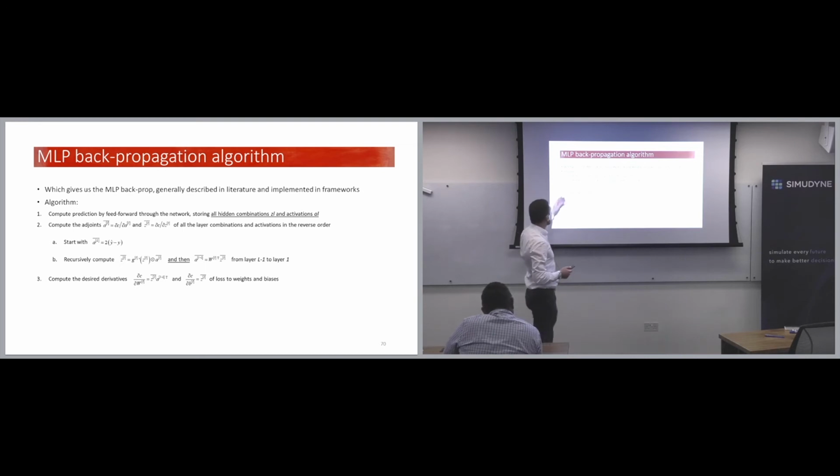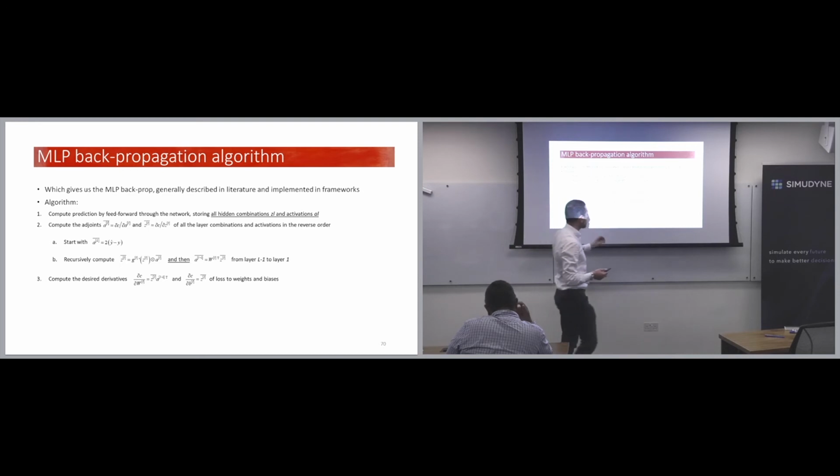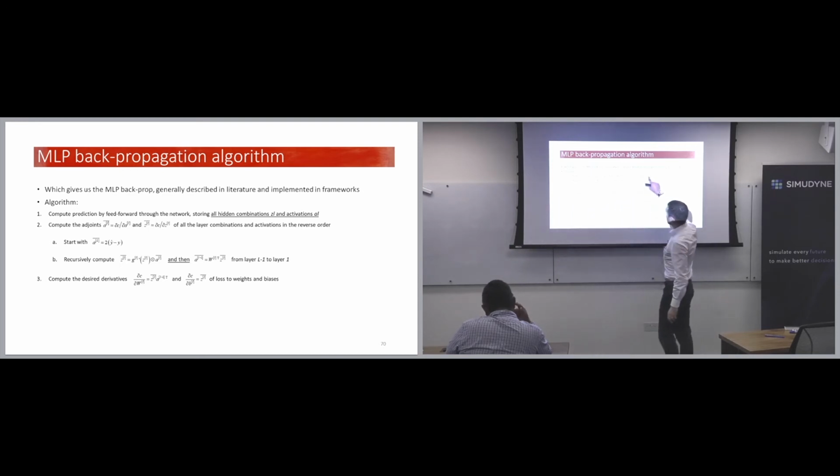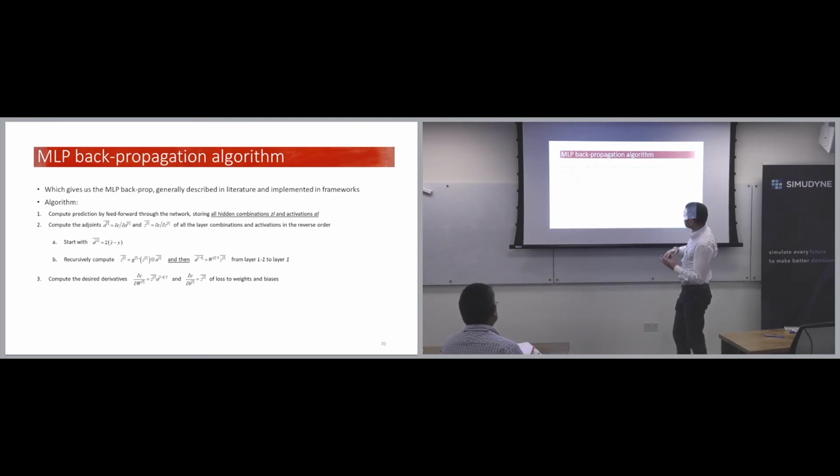We still start by computing a prediction by feed-forward through the network, storing all the hidden combinations ZL and activations AL. And remember, first we make a linear combination of the previous layer, we call it ZL, and then we activate these linear combinations to obtain AL. And we need to store them all.